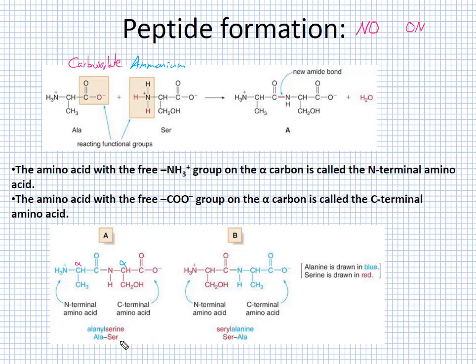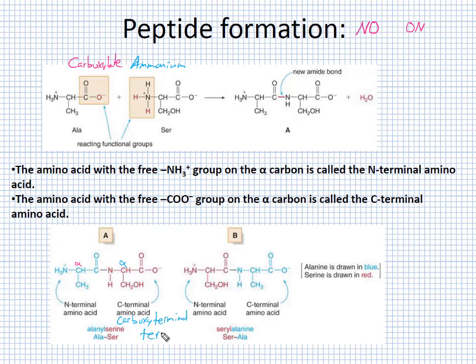Okay. Notice the serine here has a free carboxylate, and the alanine has the ammonium. For dipeptide B over here, it's just reversed. It's the alanine that has a free carboxylate, and the serine that has the free ammonium. So the order matters. Okay, so we call the free carboxylate the C terminal, sometimes referred to as the carboxy terminal, or terminus.